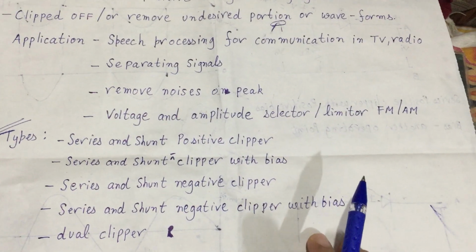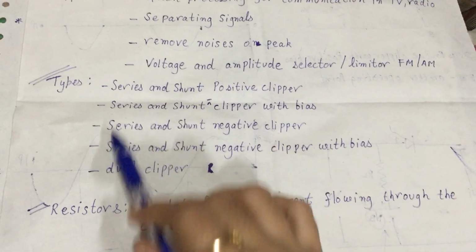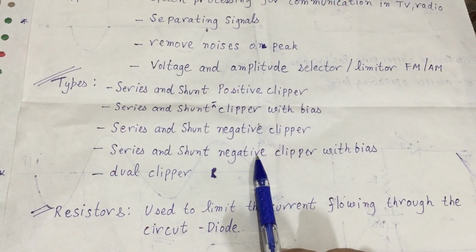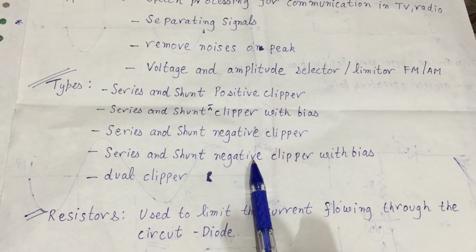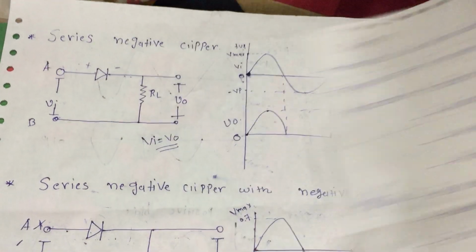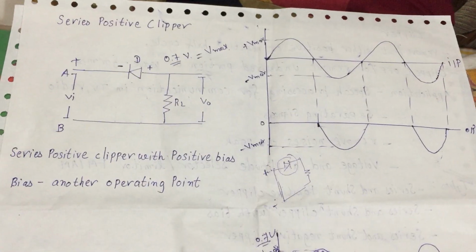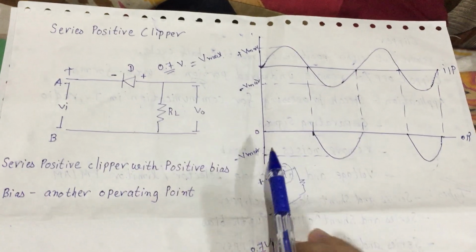The types of clipper are series and shunt, positive and negative, series and shunt, positive and negative with bias, and dual clipper. Let's quickly revise the series positive clipper.